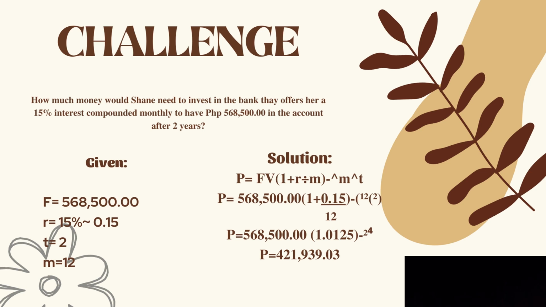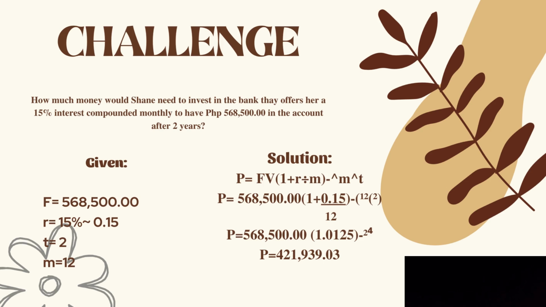When you multiply them together, it's equal to 24. So now you have principal loan is equal to 568,500 pesos, the quantity of 1.0125 raised to negative 24.